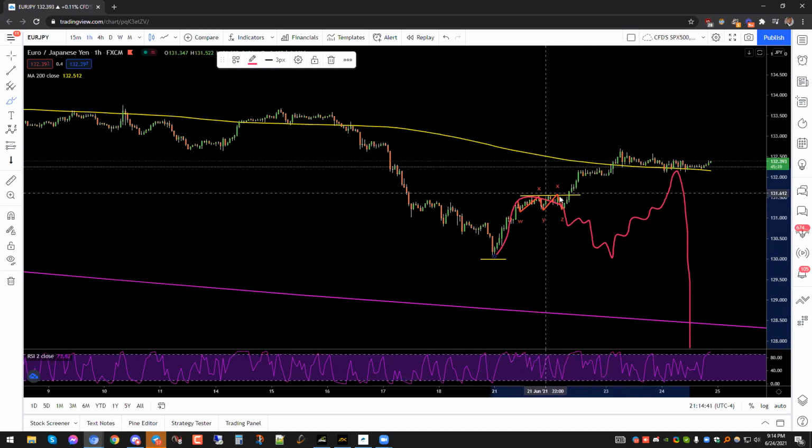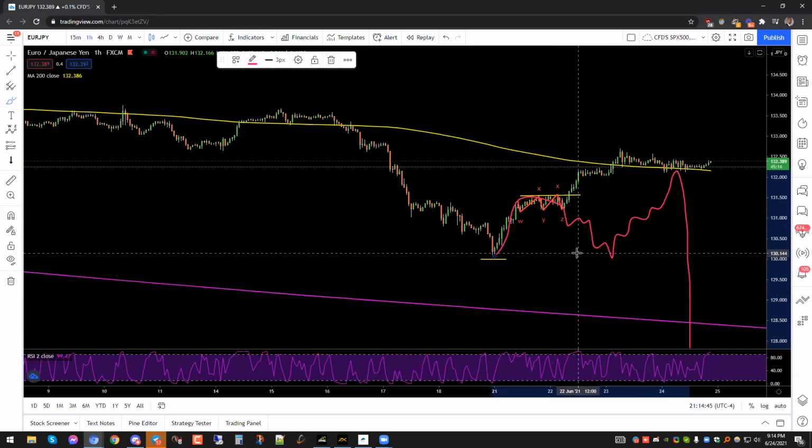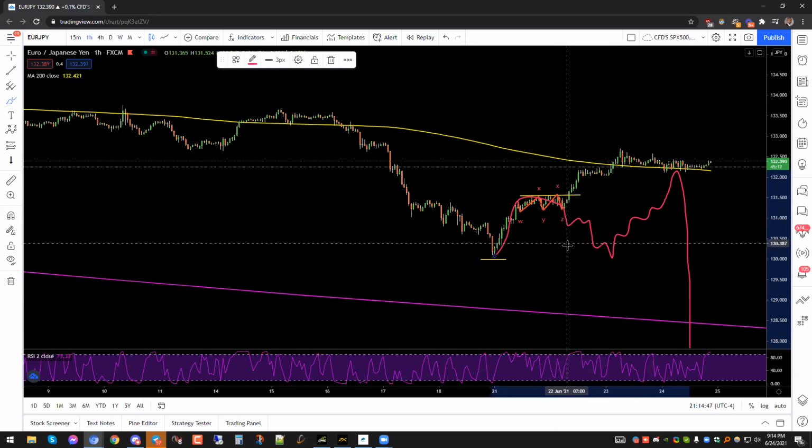It is looking to make a corrective formation for more downside. All right. So we need to set our stops in areas where if the stop gets hit, it tells us that the market's not going in the direction that we expect. Okay, let's take this off.